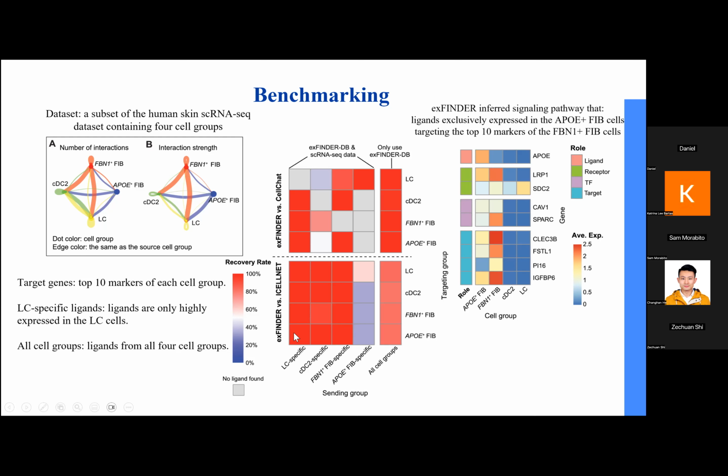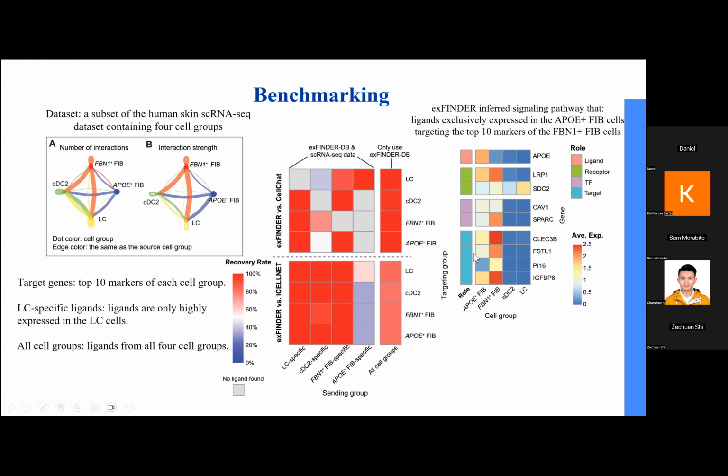So Expounder can fully recover these cell population group specific ligands. On the other hand, if we remove this cell group from the data, the other two methods will not be able to identify this ligand, because they can only do the cell-cell communication analysis based on the measured cells.